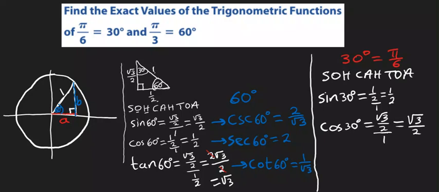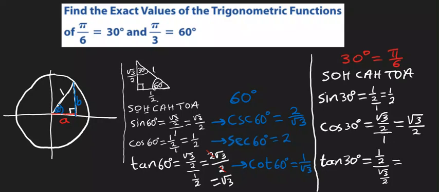Now let us find tan 30 degrees, not 60, 30 degrees. This is going to be equal to the opposite, which is 1/2, divided by the adjacent, which is the square root of 3/2.